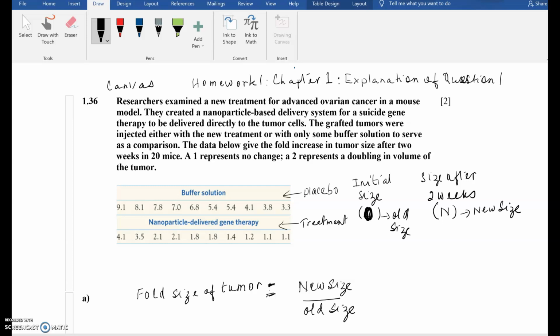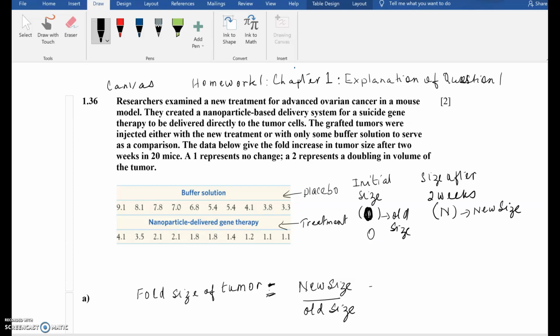So let's call it the old size. Let's call it O. And after the treatment has been given, either the placebo or the actual treatment, the size after 2 weeks is measured. So let's call that N, the new size. So the fold size of the tumor is the new size over the old size.